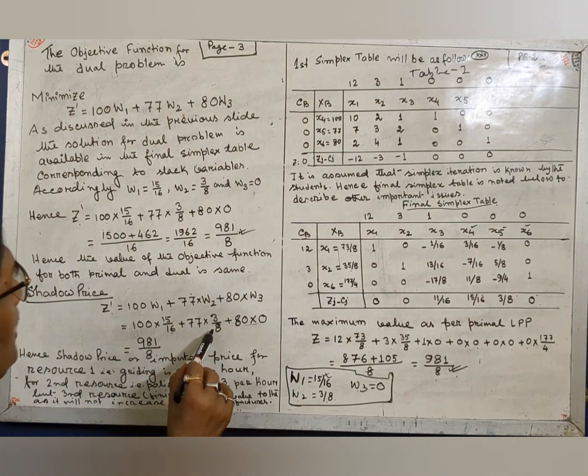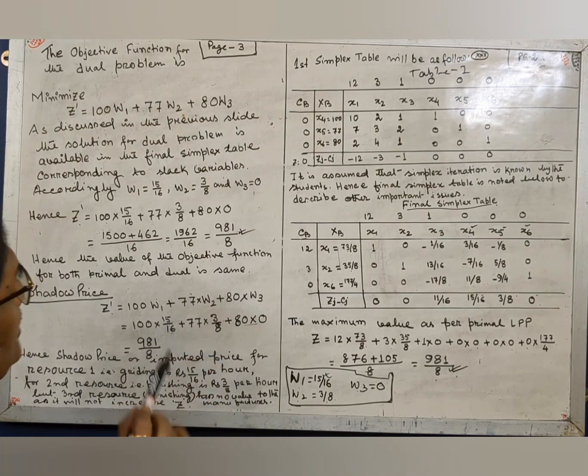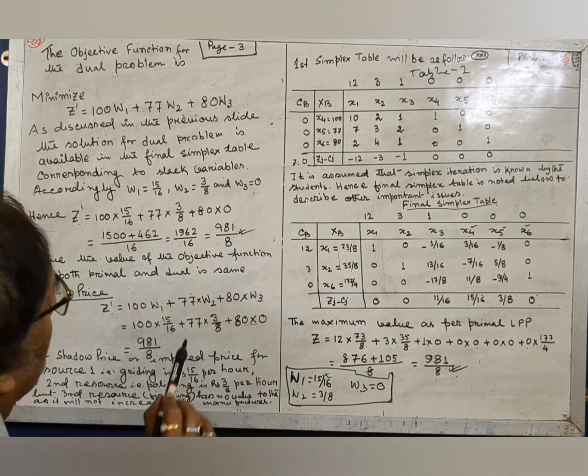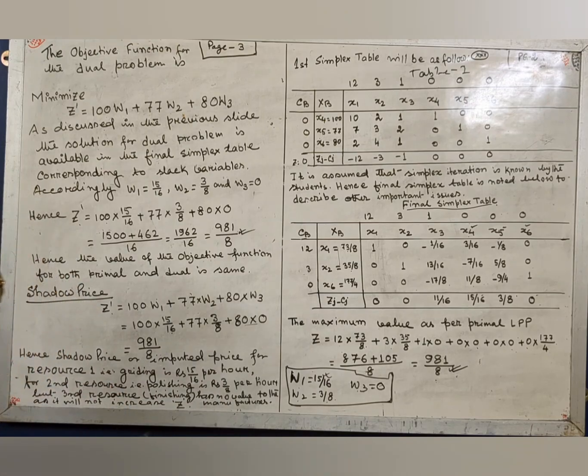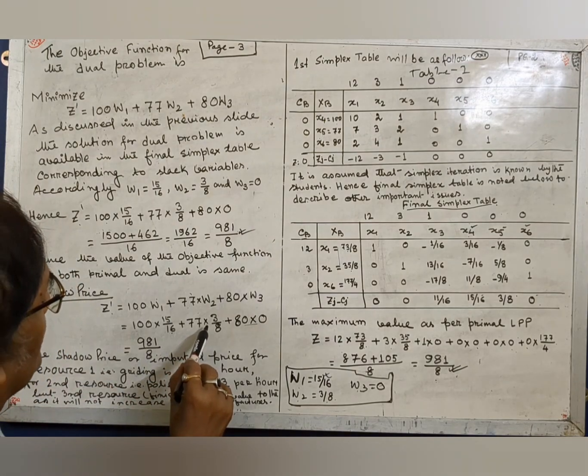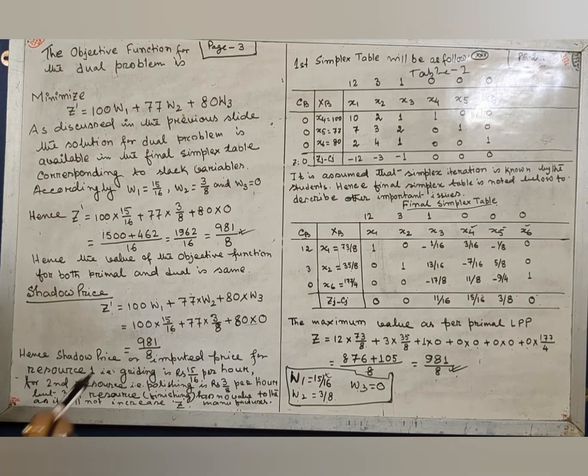And this is the worth of the second resource, or grinding, I think, in this case. And this is called the shadow price for the second resource.